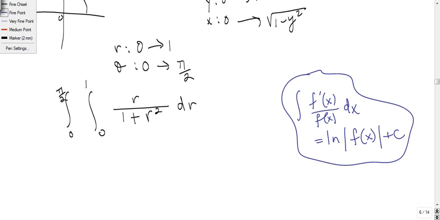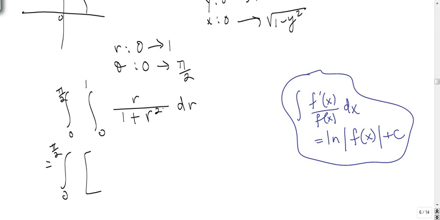Okay? So this is going to be useful here. Why? When you differentiate the denominator, what do you get? 2r, right? But you don't have 2r there. You have r.